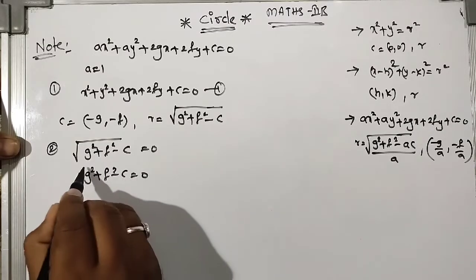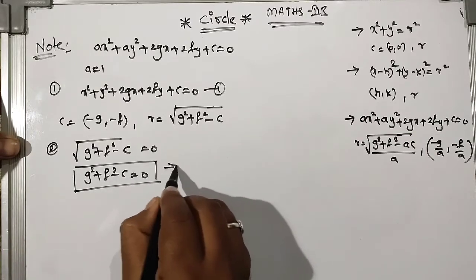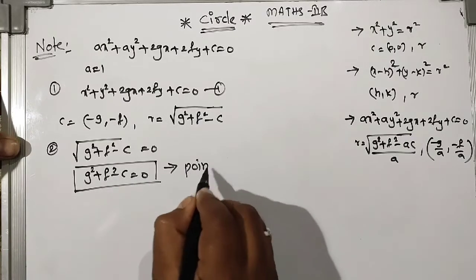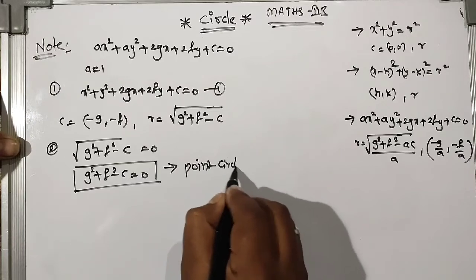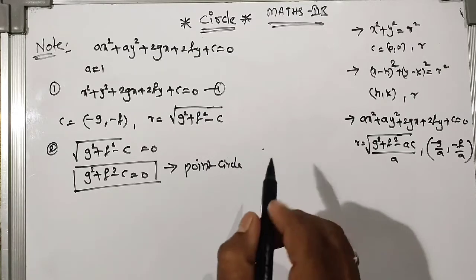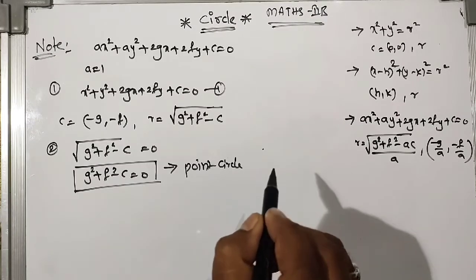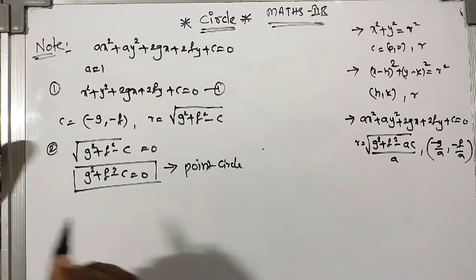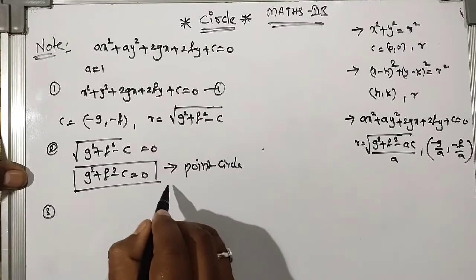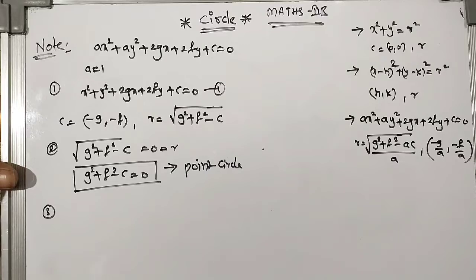So when g square plus f square minus c is equal to 0, the circle is called the point circle. This is the one point there. So this is the point circle. It is a circle that has radius 0. Why? Because it contains the one center only, but it has no radius. That's why it is called the point circle.